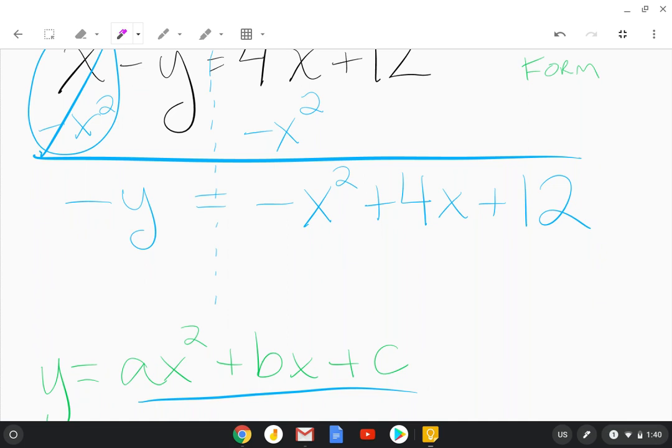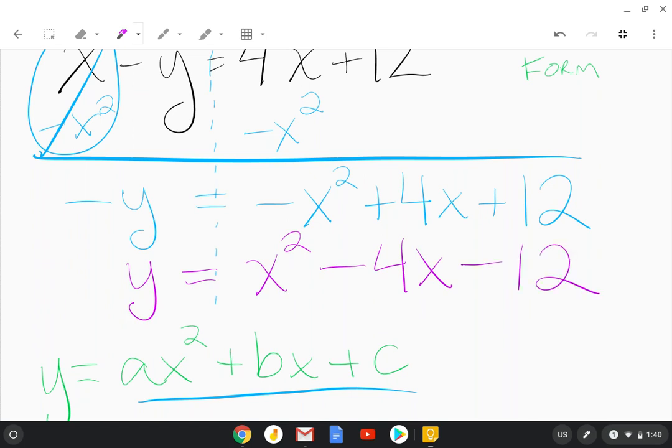So if I were to do that here, the negative y would become positive y. The negative x squared would become positive x squared. The positive 4x would become minus 4x. And the 12 would become minus 12. So all I've done is change each one of the signs from that equation there.